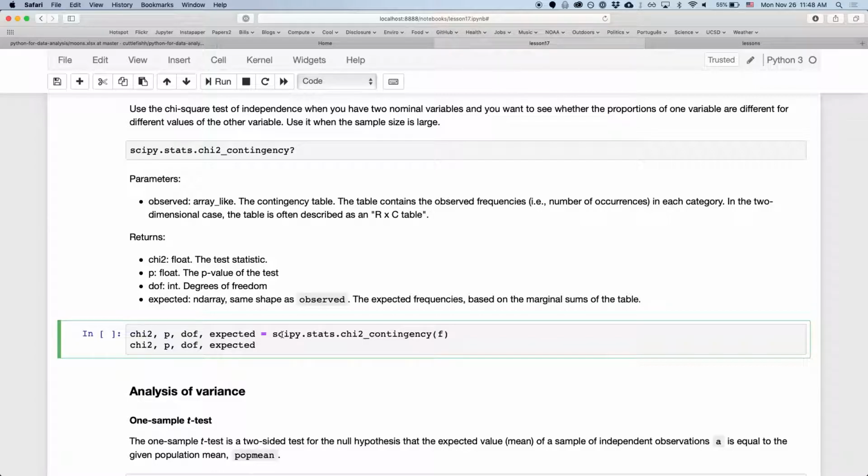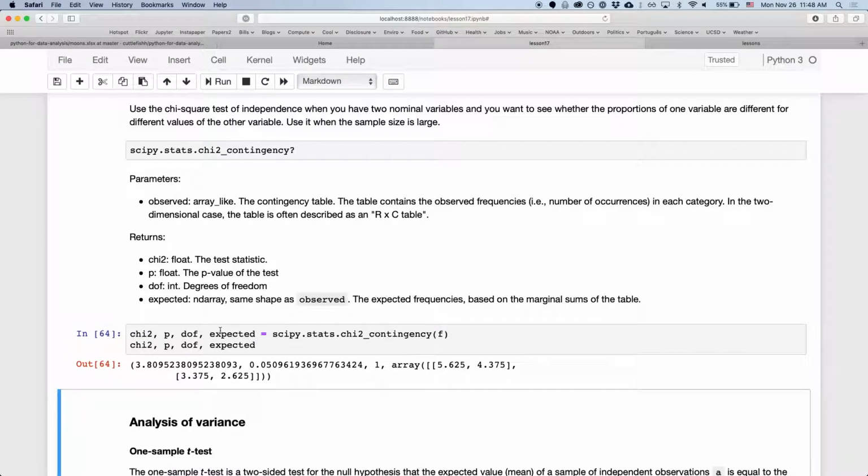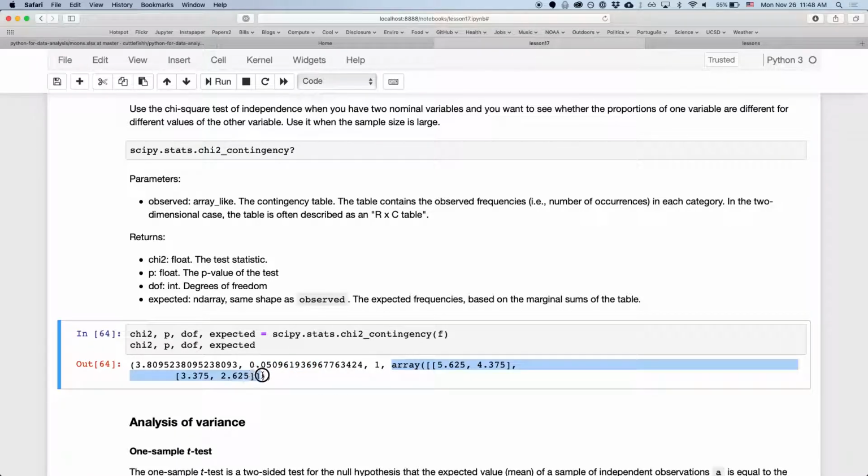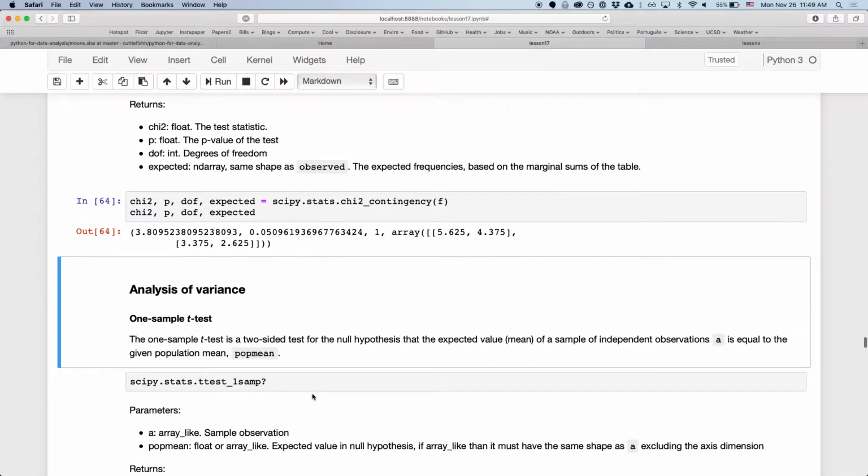We wouldn't need to use a chi-squared test, but we can, and we can see that, again, we get a borderline significant p-value. And the nice thing is we also get these expected proportions based on the computation. So that's some tests of independence.